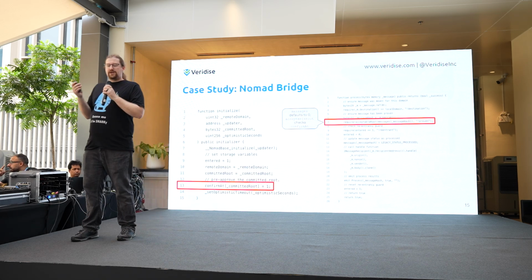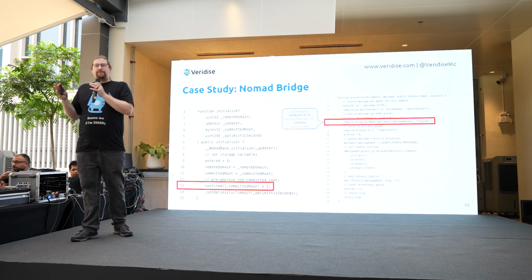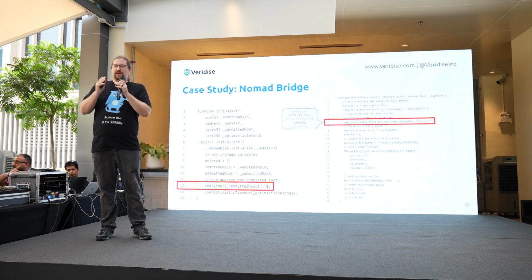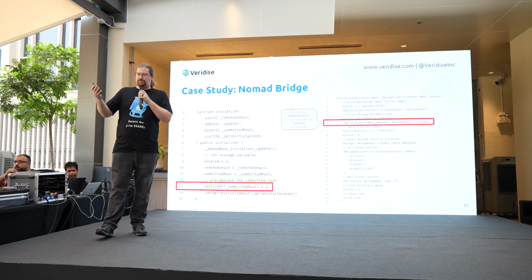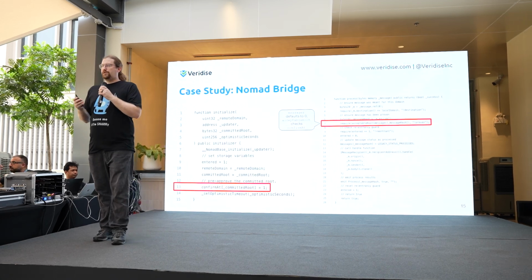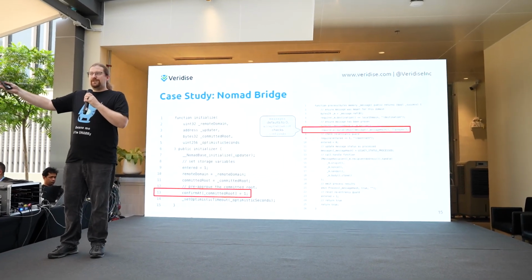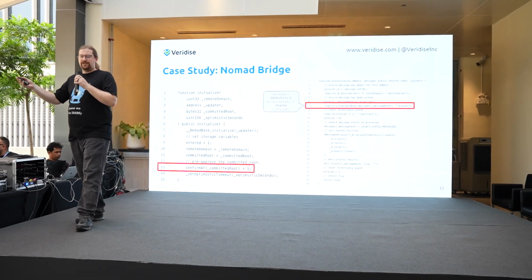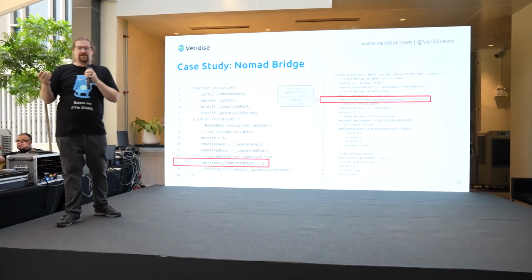And because that committed route was 0 and all mappings default to returning 0, essentially it meant that anyone who submitted a message to Nomad had that message approved. And so someone could simply submit a message to Nomad that said, I am sending all of the tokens, and then Nomad happily went and did that, and it resulted, again, in one of the biggest thefts that we've seen in this ecosystem.